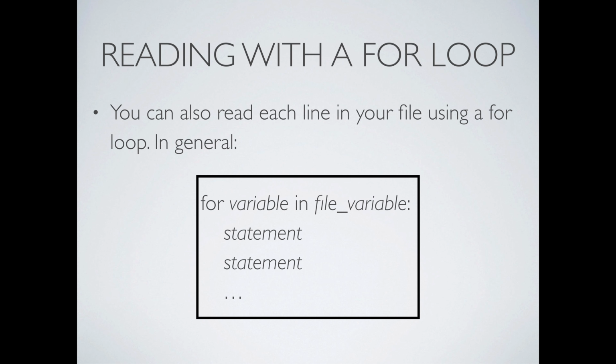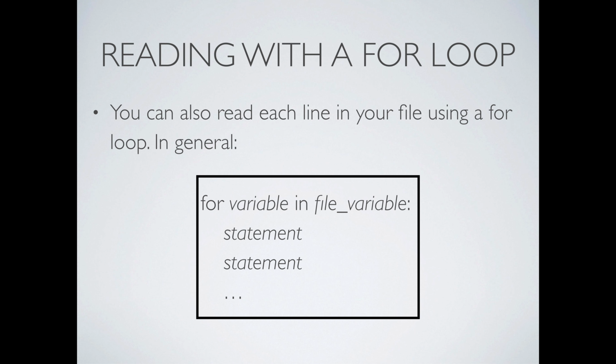Alright, so more often than not, when you're doing this file stuff, you're going to have a file with a lot of lines, and the lines will be really similar, but they'll have different data on them. So instead of saying, hey Python, read line, okay, read the next line, hey, read the next line, you're going to instead use a for loop to go through each line at a time in a file.